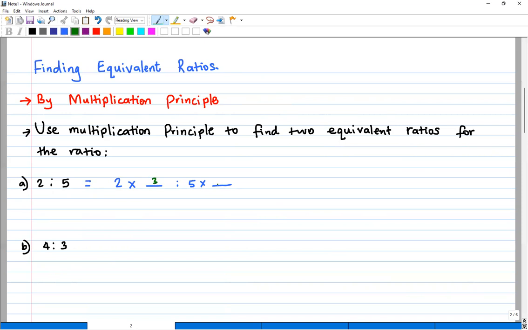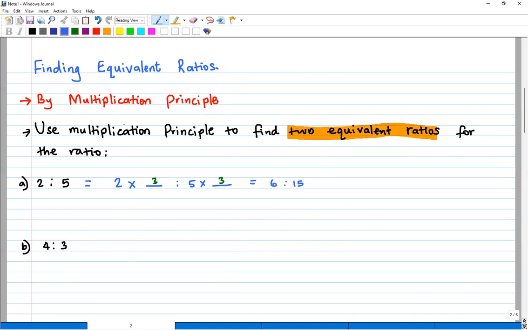So we multiply by 3 here and multiply by 3 here. Okay, and this will give us 6 to 15. Now, remember, we need two equivalent ratios. So this is the first one.